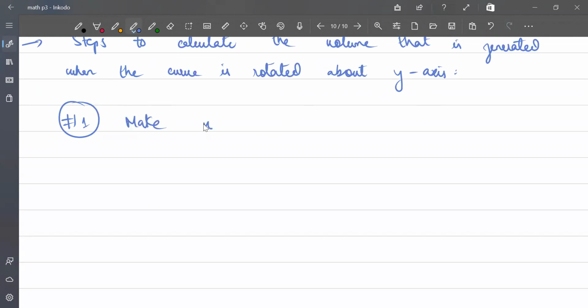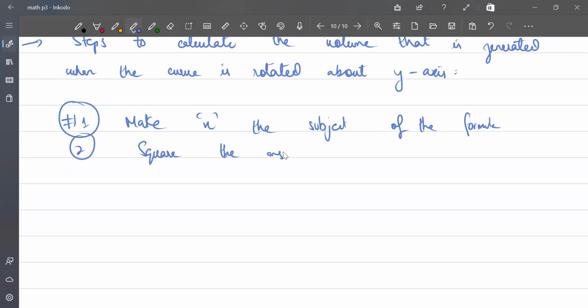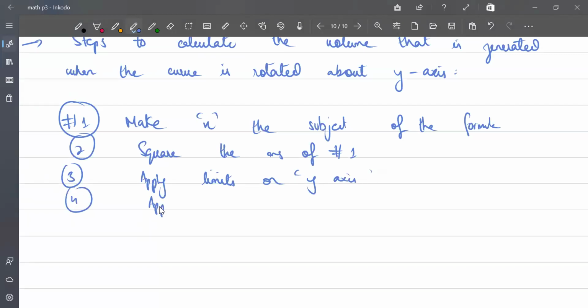Make x the subject of the formula. Step number two, square the answer of step one. Step number three, apply limits on the y-axis. Step number four, apply the formula.